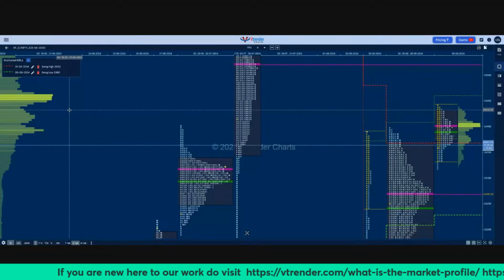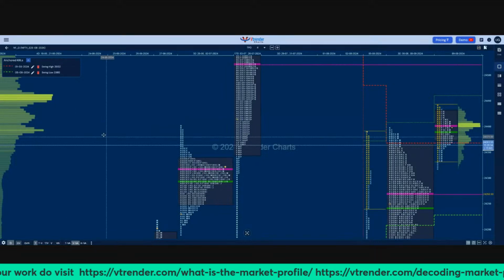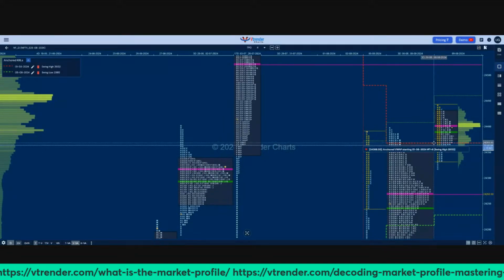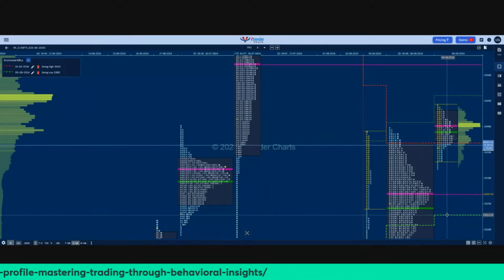So that is how we mark these anchored VWAPs. We have the two anchored VWAPs. One is in red because this is the falling anchored VWAP used for the supply point. And on the green we can expect the buyers to come and hold this VWAP.